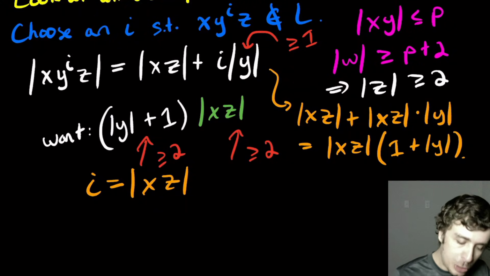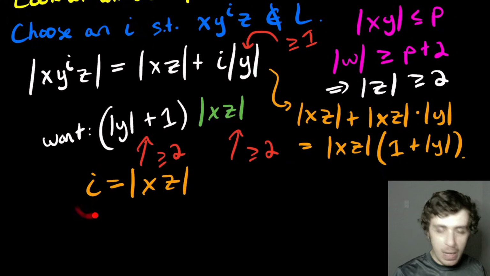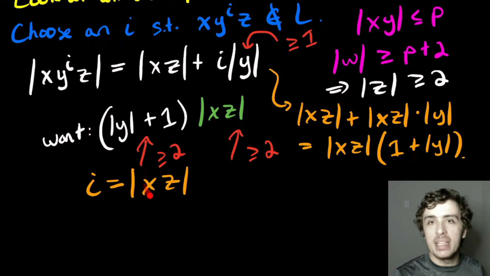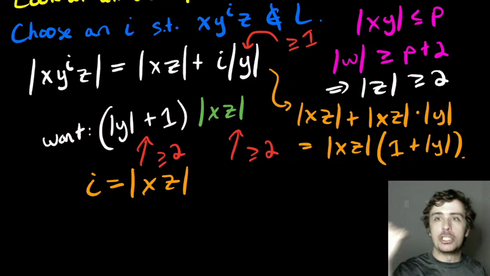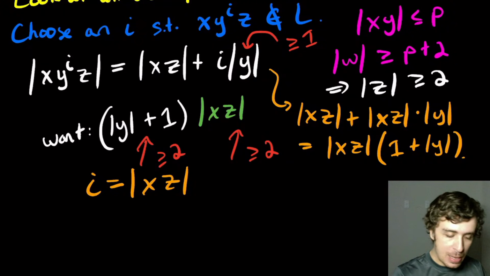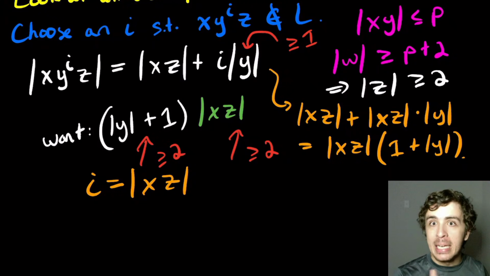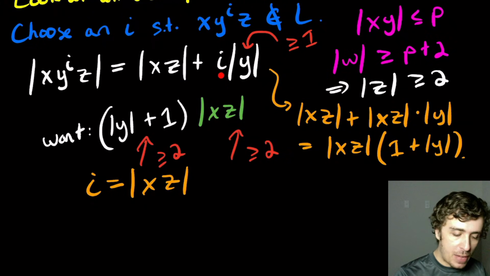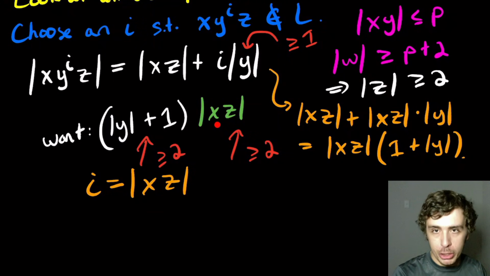This is an interesting example of the pumping lemma in that the value of i that you pick depends on the decomposition, but that's okay. As long as you find some value of i for which you get out of the language, that's all that's needed. We constructed something that is some number at least 2 times another number also at least 2.